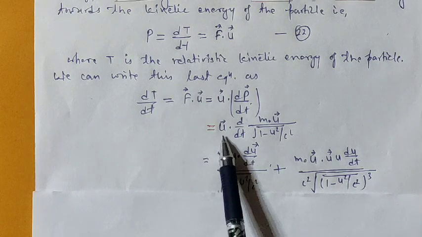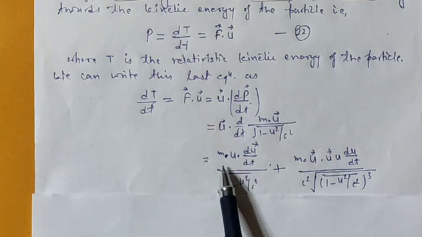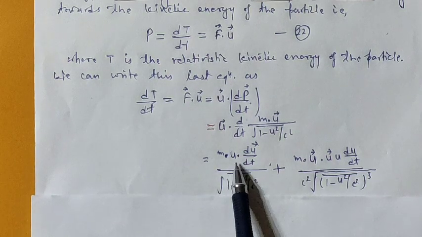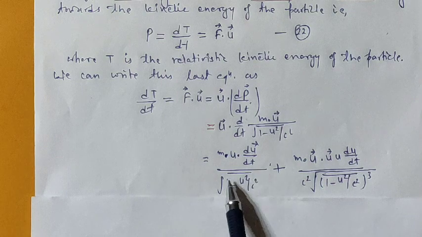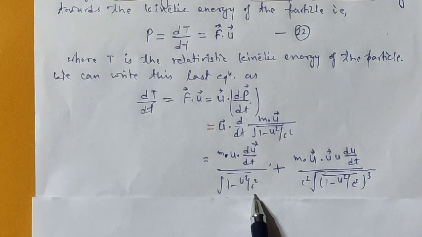So u is already there, so this is m naught u dot du by dt divided by 1 minus u squared over c squared.